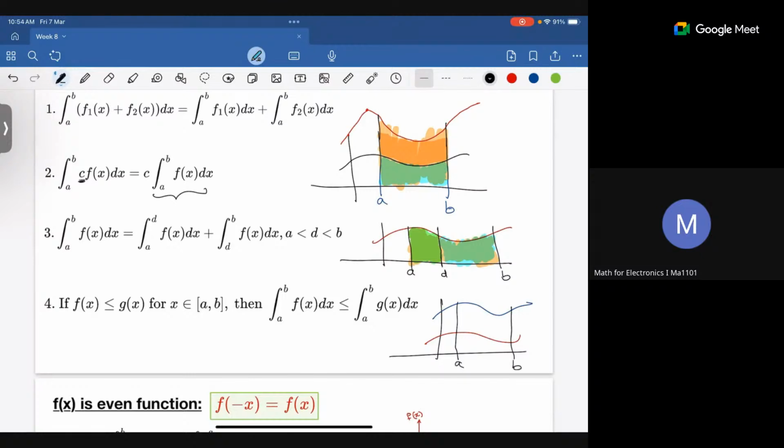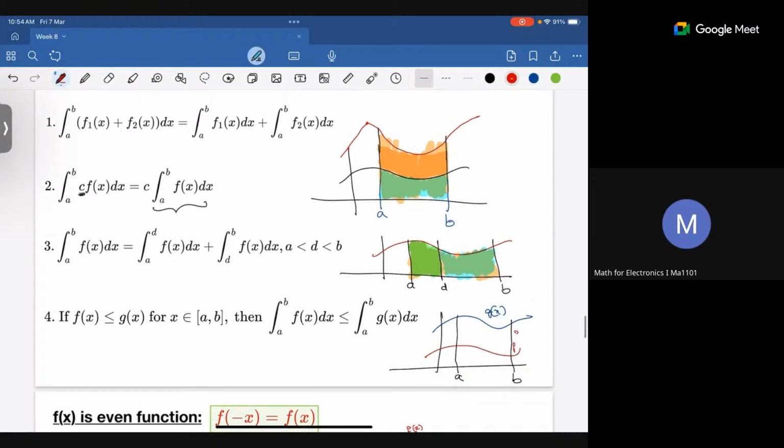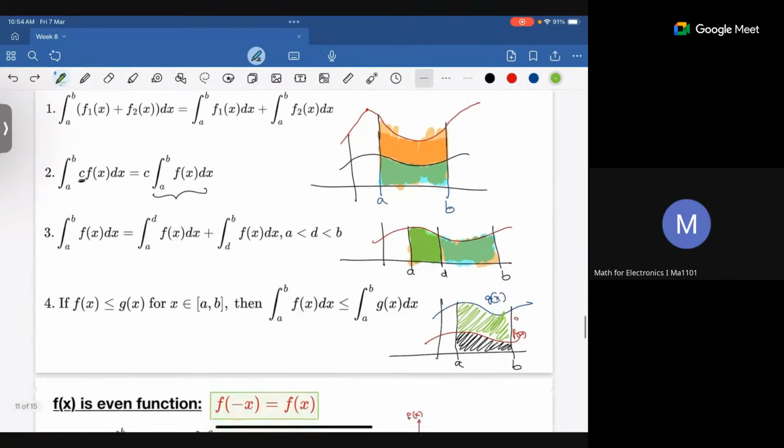This is g of x, and this is f of x. You can clearly see that the area under the curve f of x is this much only, and the area under the curve g of x actually contains this, along with this, which is more than f of x, right? Therefore, property 4 also makes sense. So these are some properties of the definite integral.